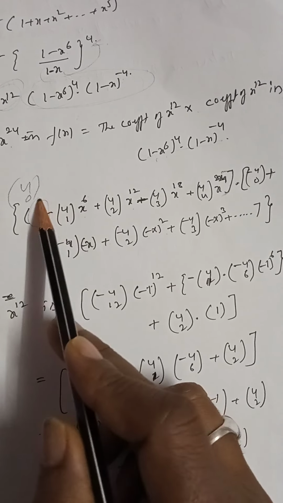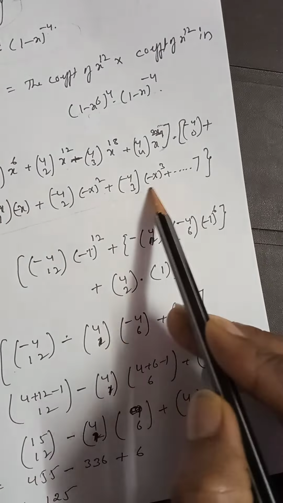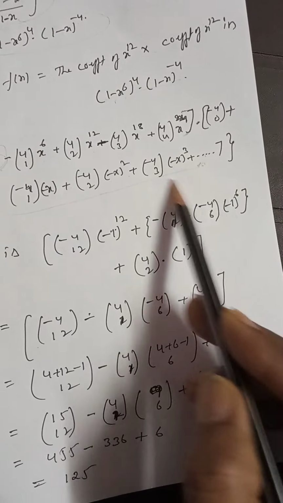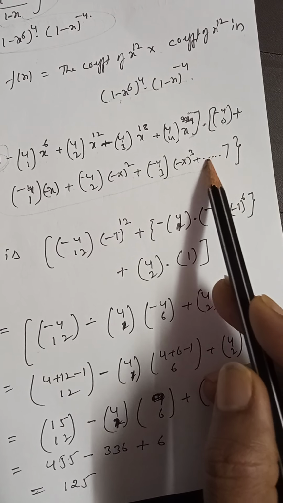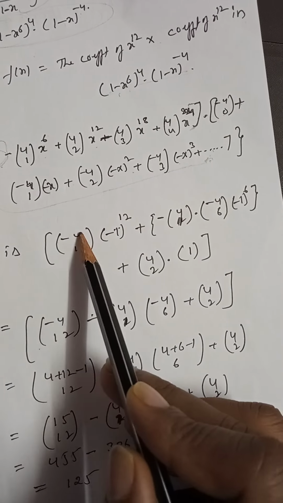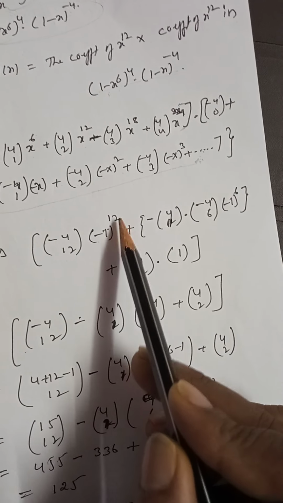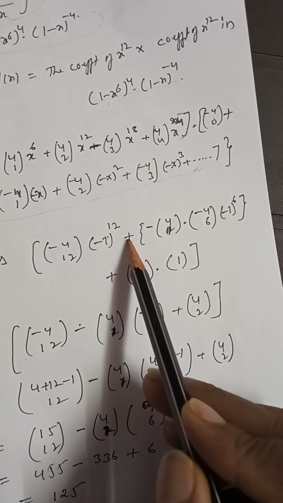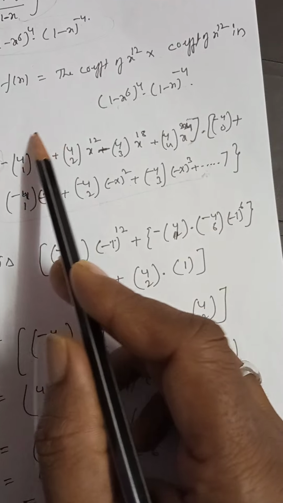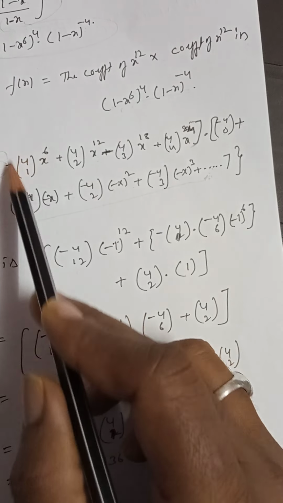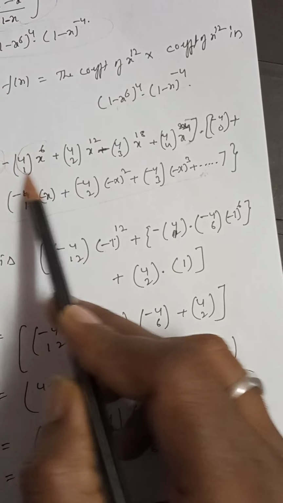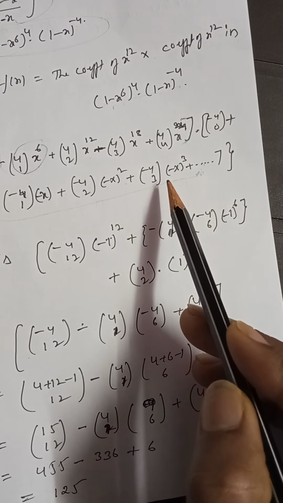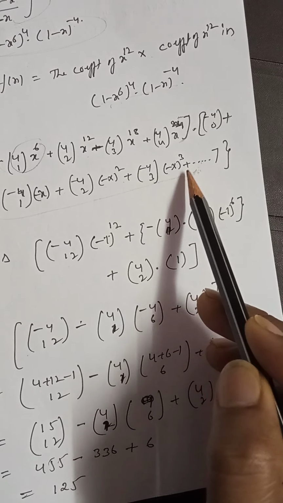Here this constant term into, in the second expression, x^12 will be there, right? That combination I am writing: 1 into the coefficient of x^12 in the second expression, which is minus 4C12 (minus 1)^12. Plus, here in this first expression, the second term, this term into the second expansion's x^6 term will be there.